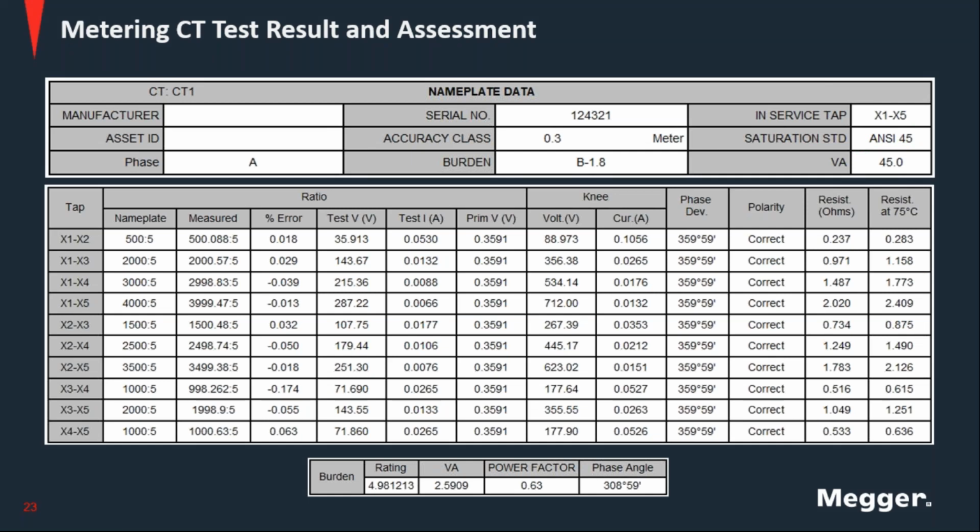So everything we see here is results from a test on this CT. You can see that it is a multi-tap CT. You have all the ratios here, and across the entire winding, X1 to X5 is a ratio of 4,000 to 5. The measured ratio is 3,999.47, which means there's an error of 0.013.